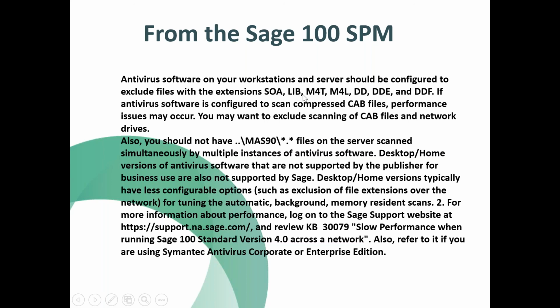So it actually lists some of the file extensions to be excluded, but we have a longer list that we provide to you. And it also talks about that having multiple instances of an antivirus software scanning can really cause performance issues. Using home or desktop versions of an AV software is not supported for business users, so therefore it's not supported by Sage. So just various things like that.